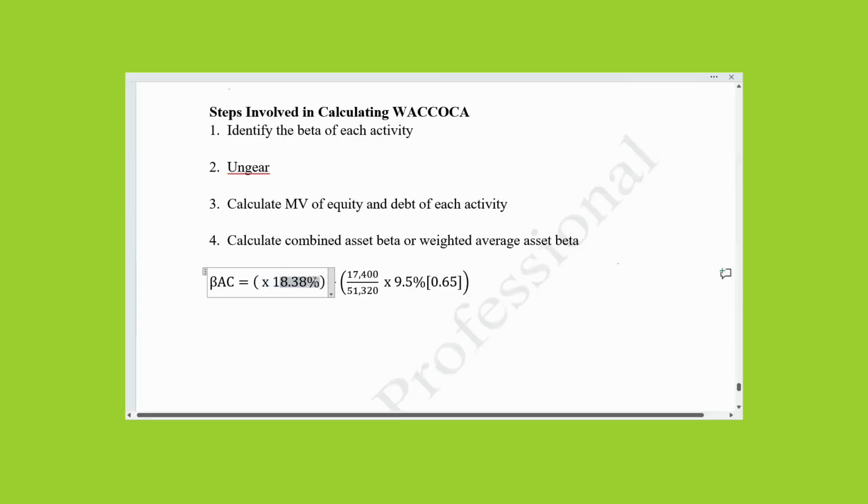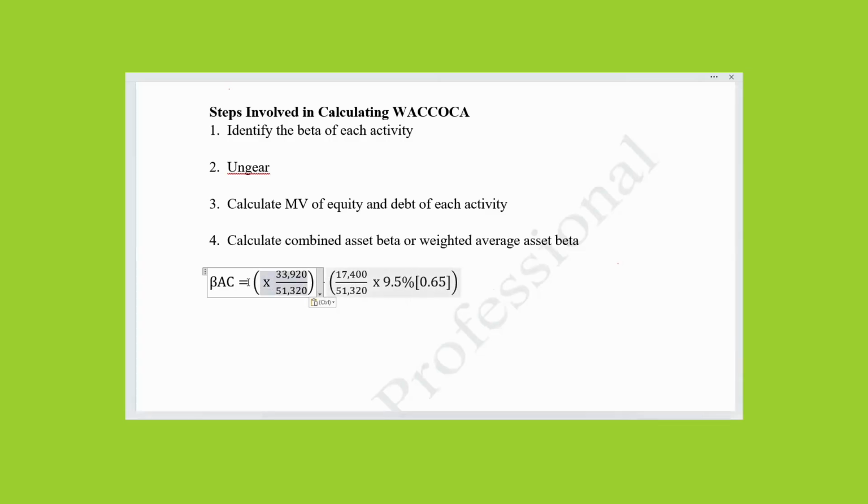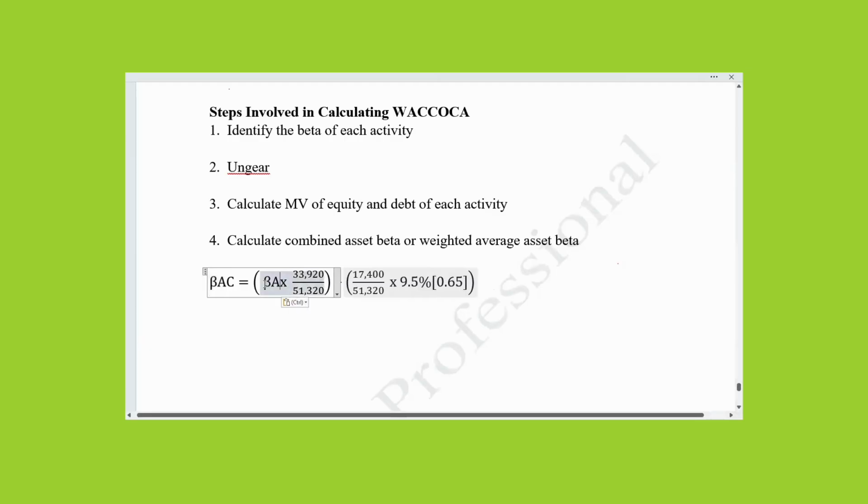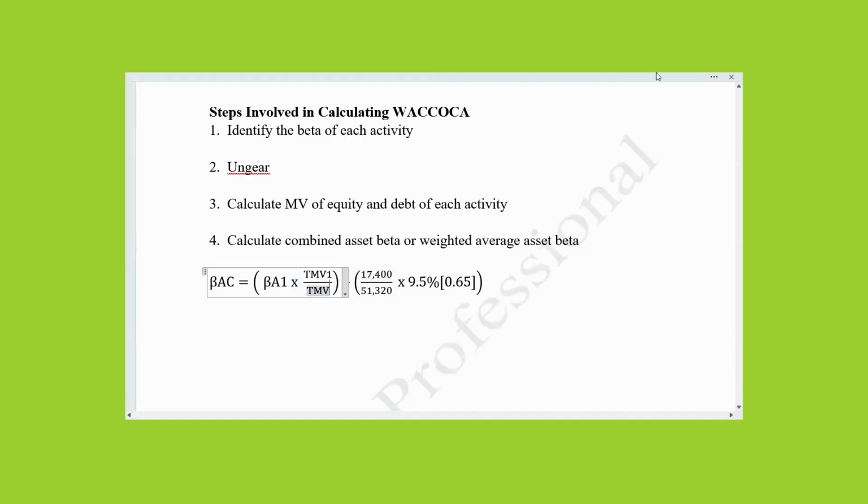Beta asset of the first activity, activity 1, multiplied by, let me check if recording is on.